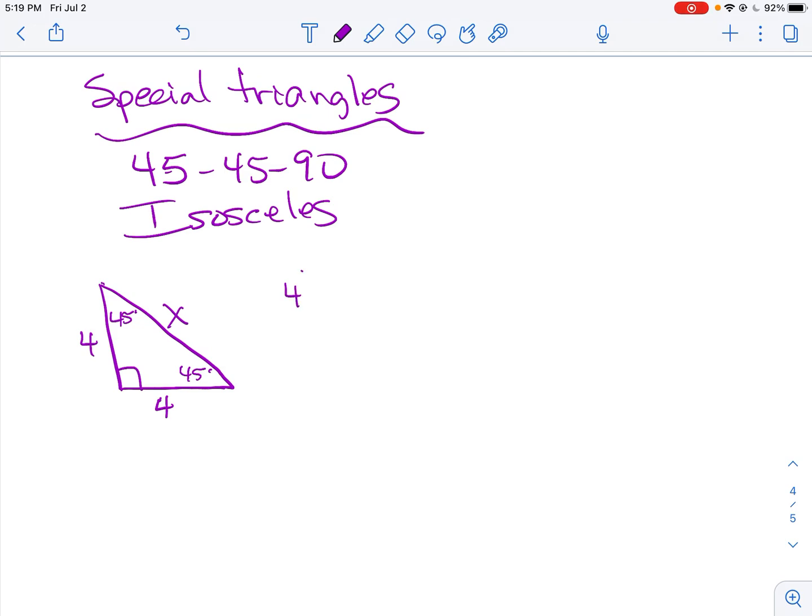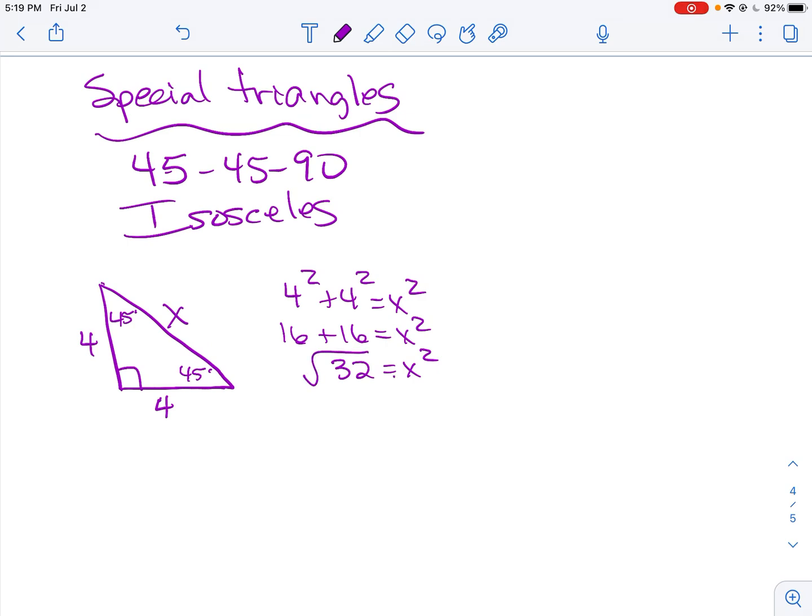So I'm going to take 4 squared plus 4 squared. That gets me x squared. 16 plus 16 equals x squared. 32 is equal to x squared.